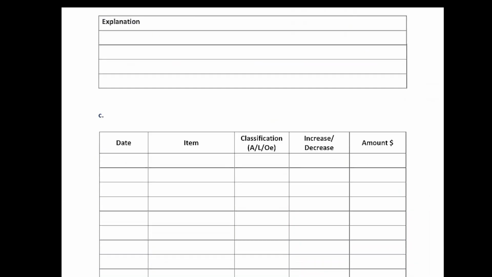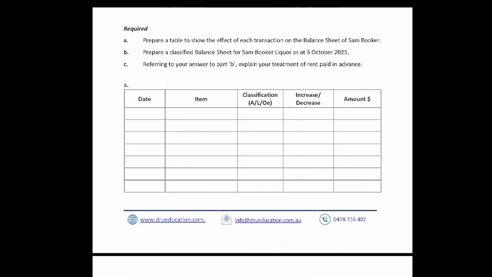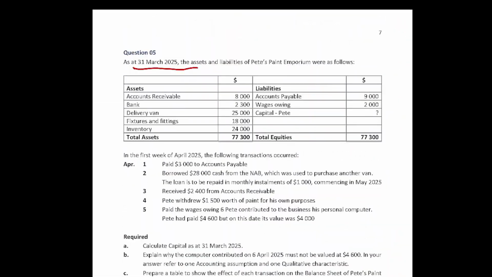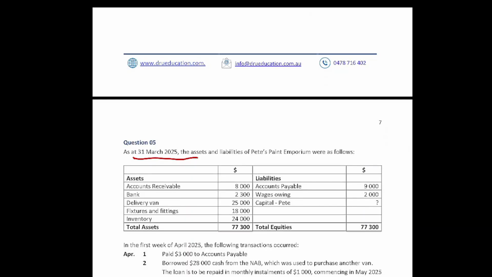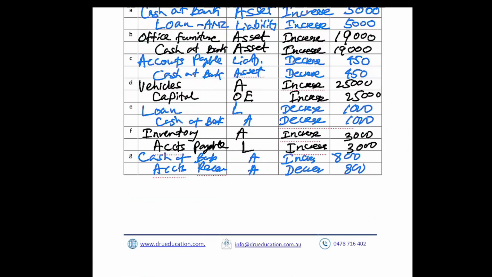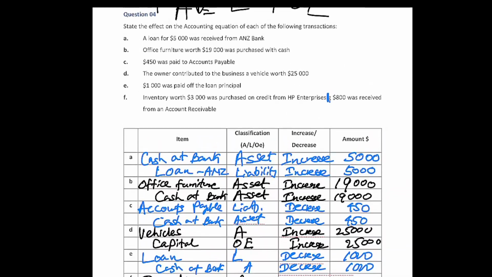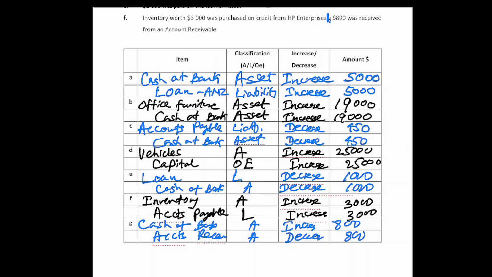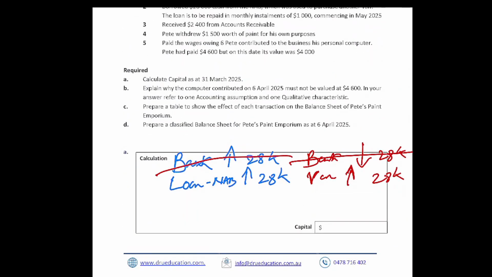I was thinking to start the next part as well, the theory part, but we might run out of time. The next topic is double entry, the most important part of accounting.